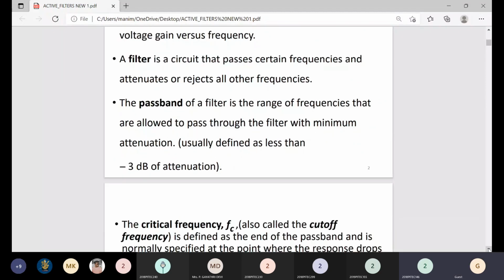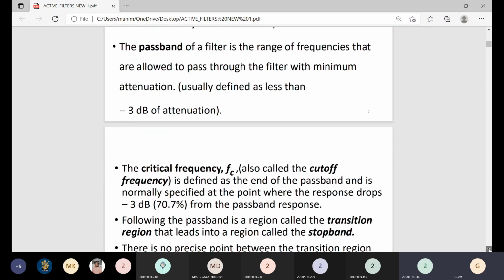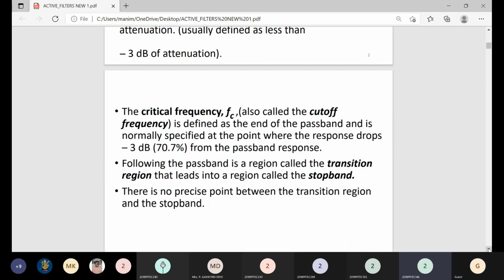Anyway, consider the low pass filter. The low pass filter allows frequencies from zero to the cutoff frequency. The cutoff frequency is called the critical frequency, denoted as FC.